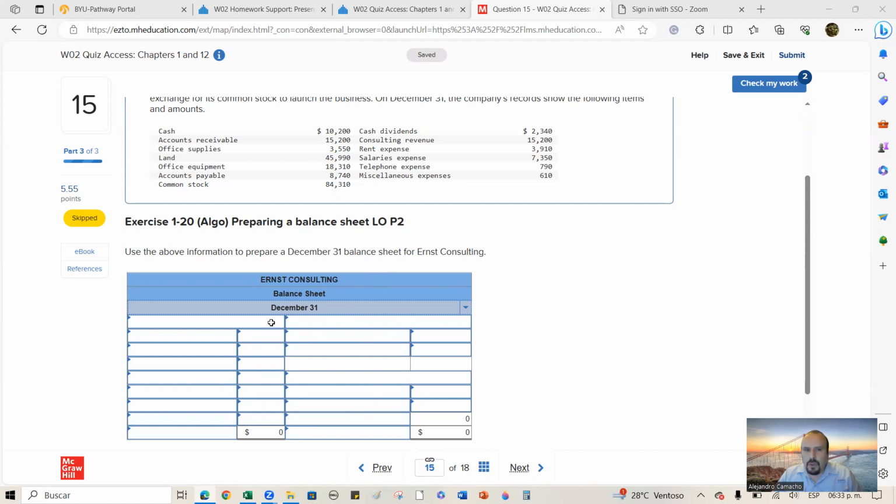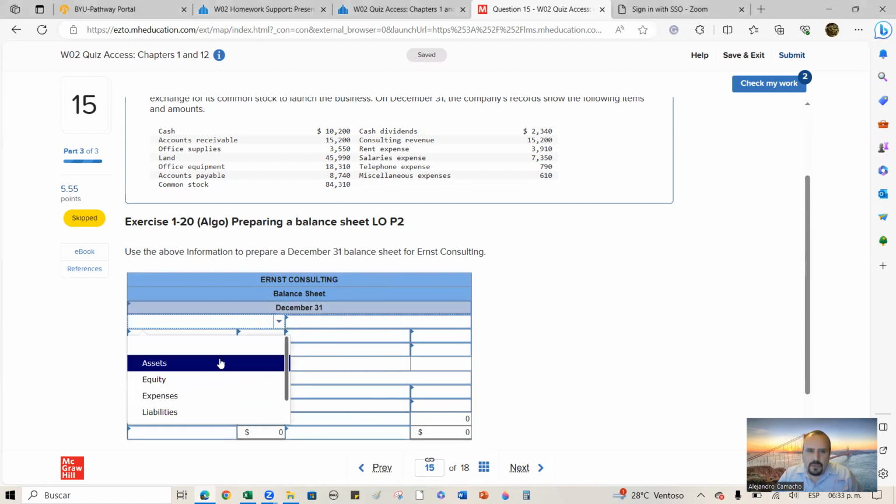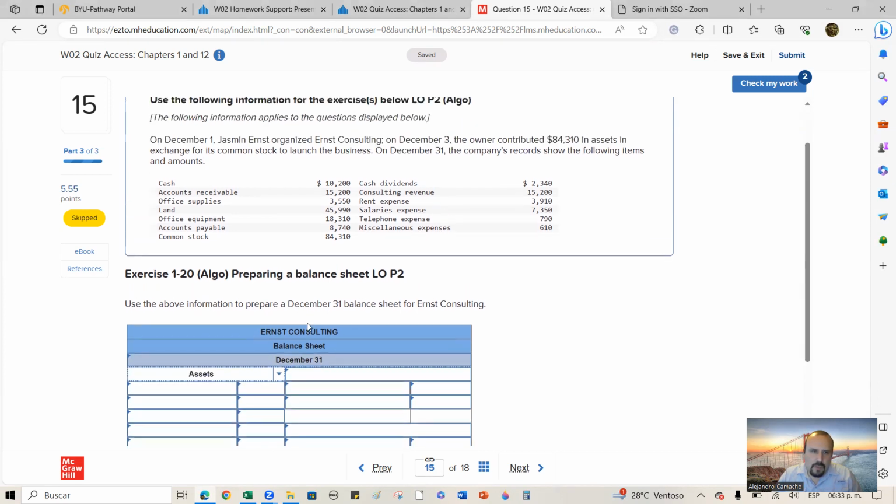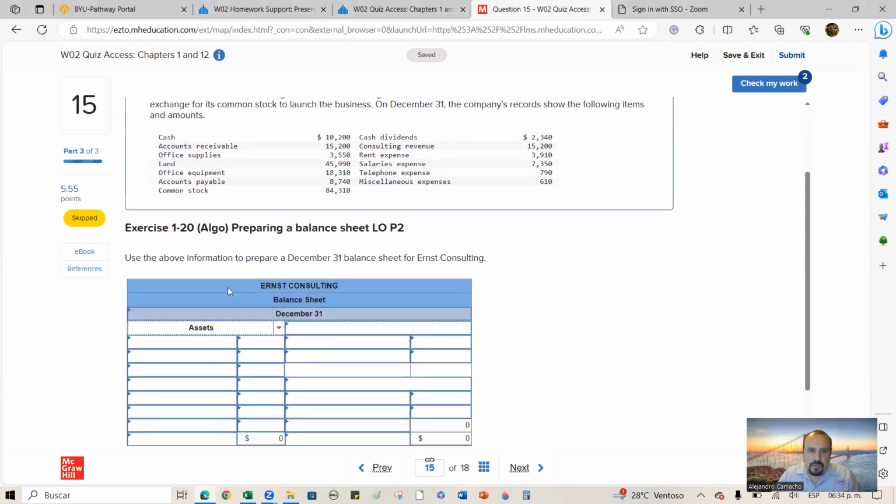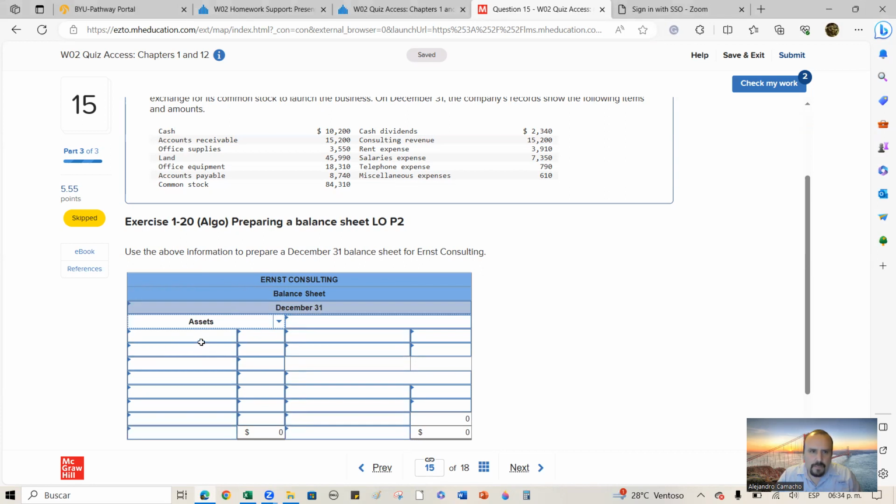So on the left, we start with the different assets. And if we remember that assets are every item that is under control of the company, we can see that cash, account receivable, office supplies, land, and office equipment are different assets. So we have to put them here, right?